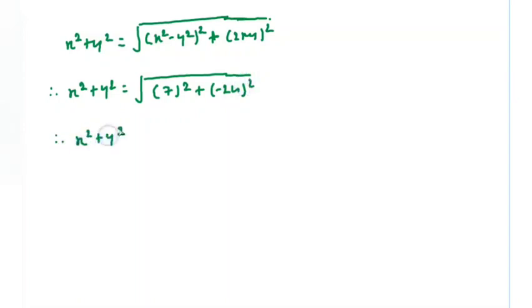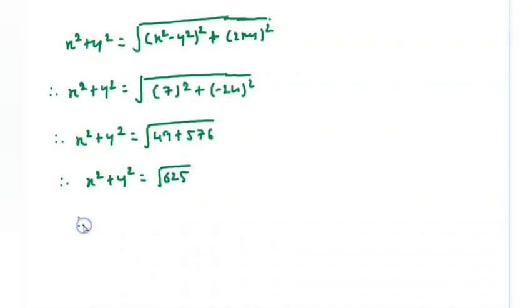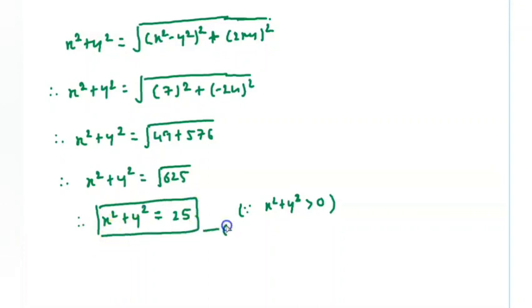Therefore x square plus y square is equal to 49 plus 576, which is 625, and therefore x square plus y square is equal to 25. This will be positive because x square plus y square is always positive. This is equation number 3.